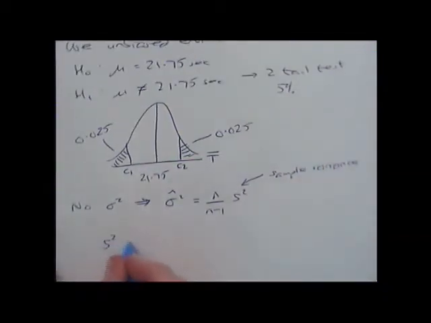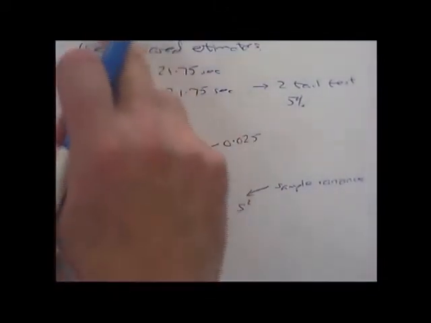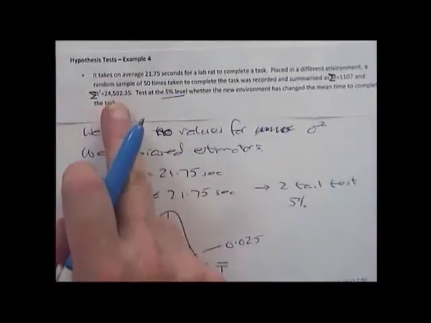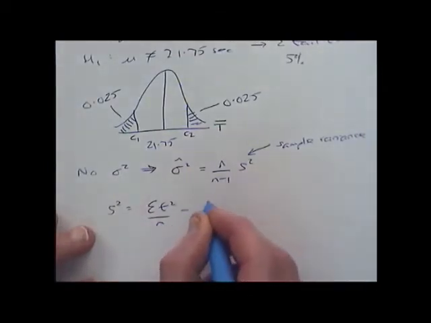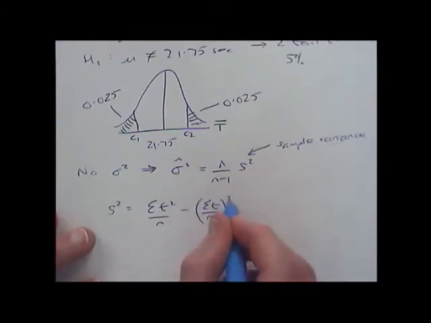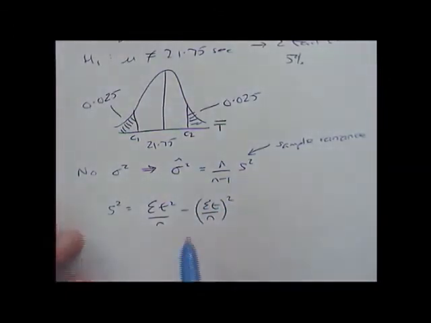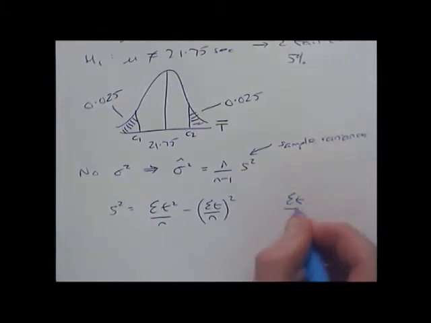And how do I find the sample variance? What's my formula for the sample variance, using the summary statistics that I am given, sigma t squared and sigma t? Yeah, because that's the mean squared. Okay, so the sum of the squares divided by n, take away the mean squared, because sigma t over n is t bar.